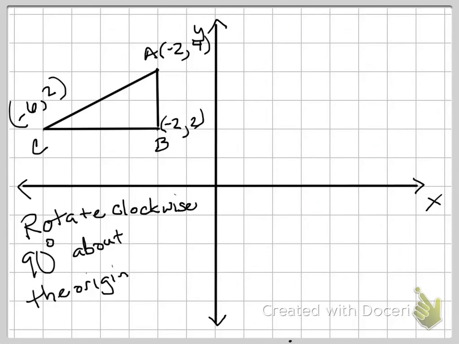What we're being asked to do is rotate the triangle clockwise 90 degrees about the origin. The origin is right there. So clockwise means we're going to go in this direction. So you're taking every one of these points and rotating it 90 degrees over here to the first quadrant.